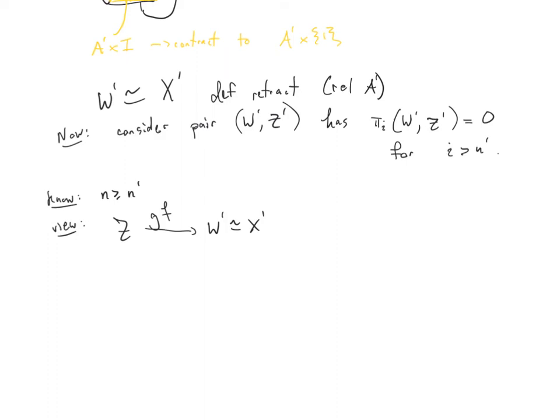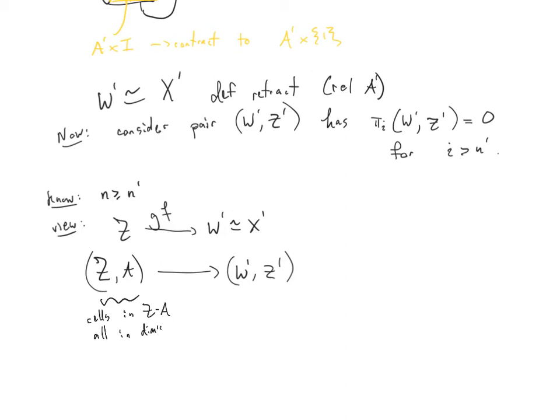So what we know is that we really want to look at the maps of pairs. We're going to look at the map from z, comma a into w prime, comma z prime. This left-hand thing is a CW pair, and the cells in z minus a are all in dimensions strictly bigger than n.